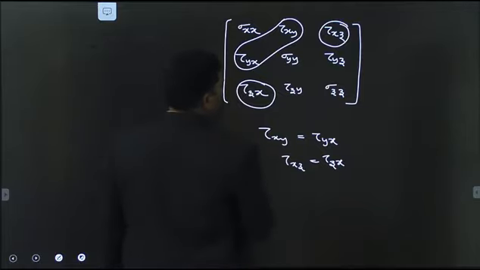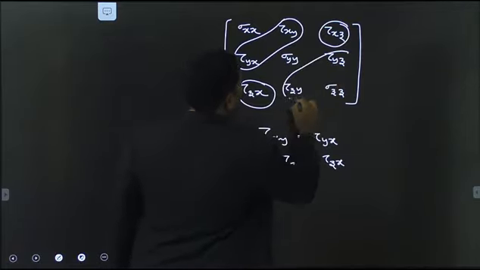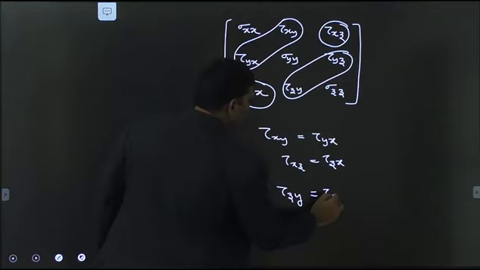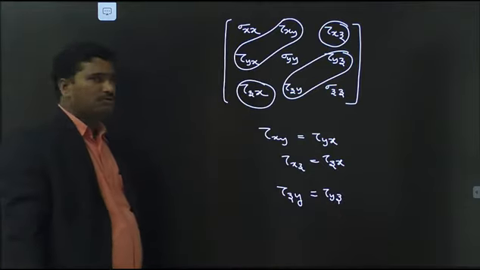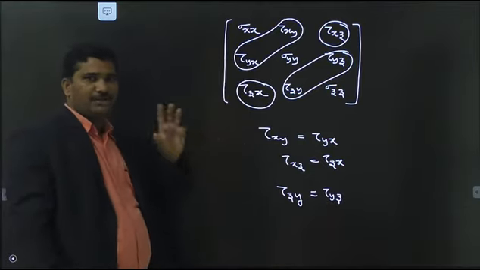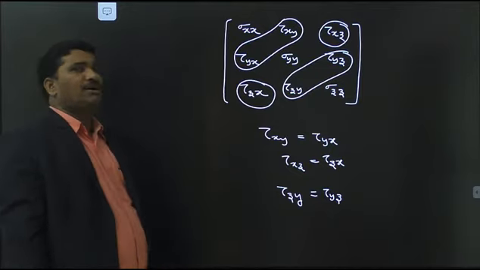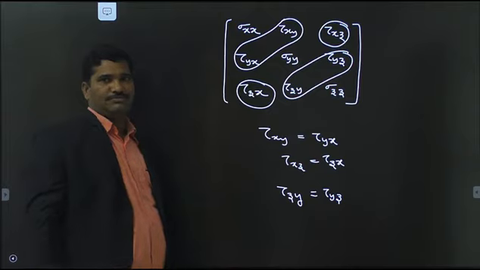Next, tau yz and tau zy are the same because shear stresses are complementary. Therefore, all the 9 stress components are converted into 6 independent stress components. That is what we learned.